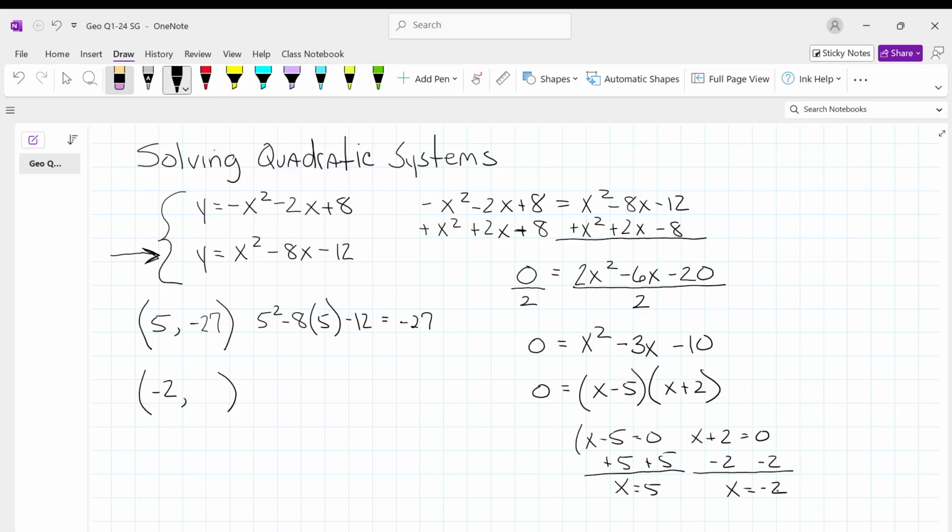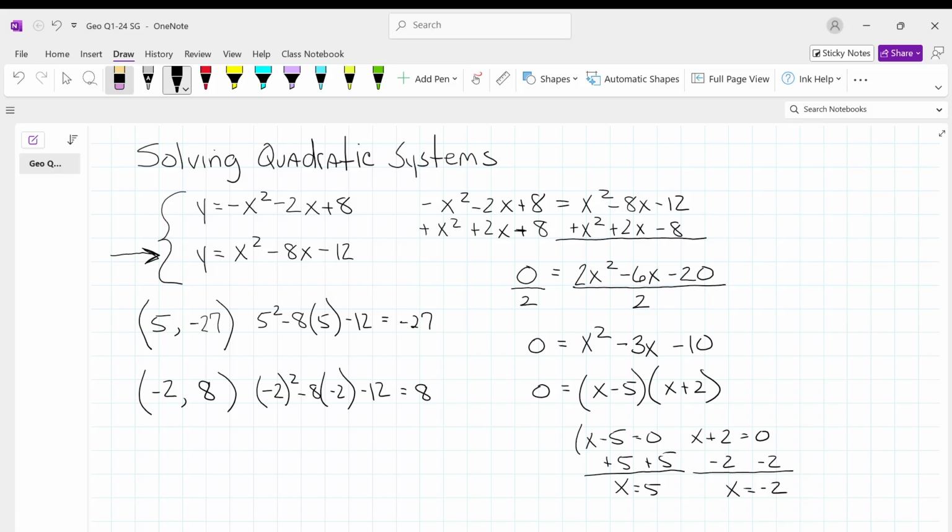And then we're going to do the same thing with the negative 2. So negative 2 squared minus 8 times negative 2 minus 12 is a positive 8.